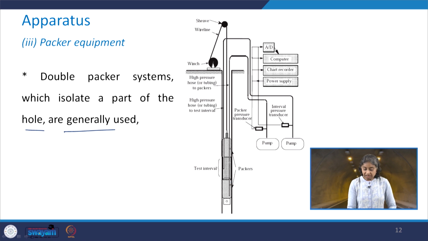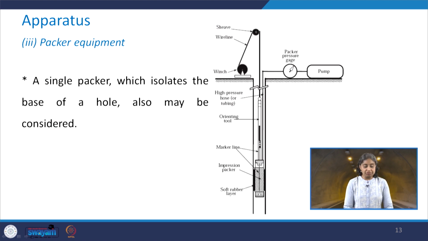You see that this much part of the hole is isolated from the rest of the drill hole with the help of the double packer system. But one can also have a single packer which isolates the base of the hole. Here there is only one packer, isolating the base of the hole.